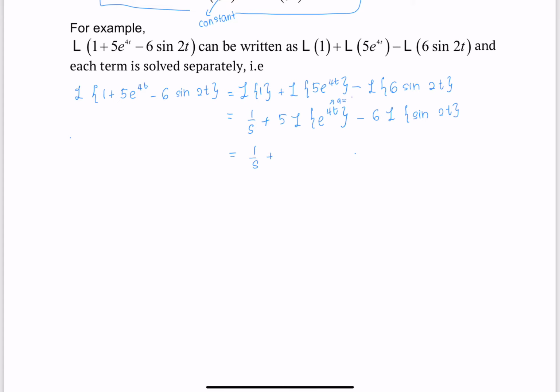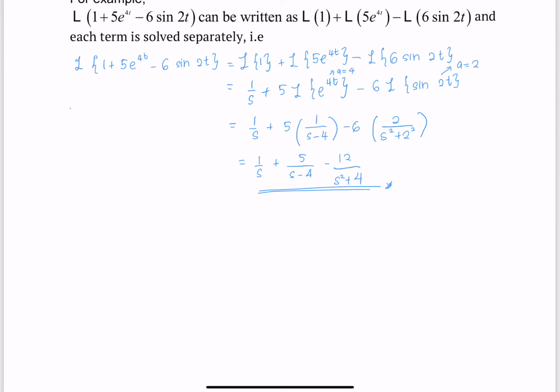So I have 5 multiplied by 1 over s minus 4, minus 6 times, for this sine, a is equal to 2, so it will be 2 over s squared plus 2 squared. So the final answer will be 1 over s plus 5 over s minus 4 minus 12 over s squared plus 4.